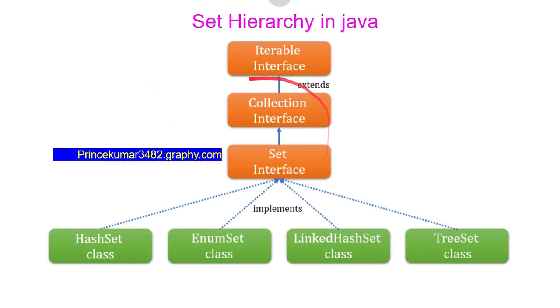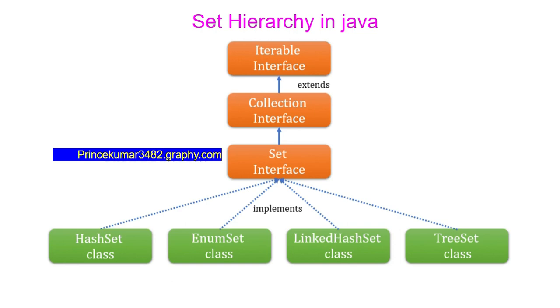So you can see here, this is the Set interface, and the Set interface has some implemented classes, which are HashSet, EnumSet, LinkedHashSet, and TreeSet, and those classes are very important. So let's talk about what exactly a Set is and how Set differs from List.